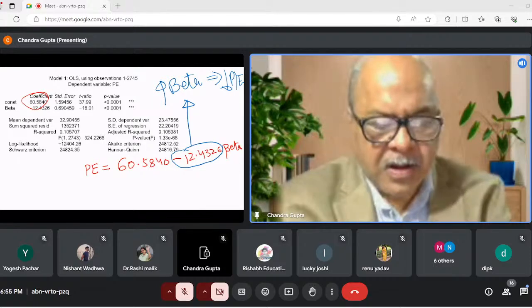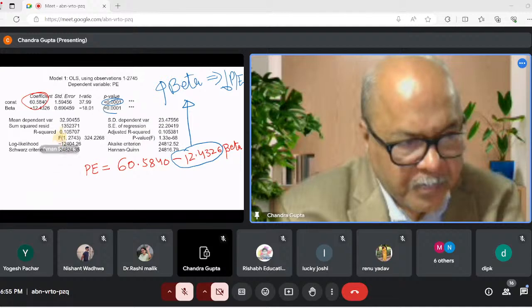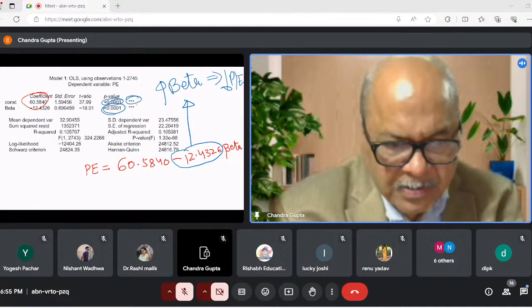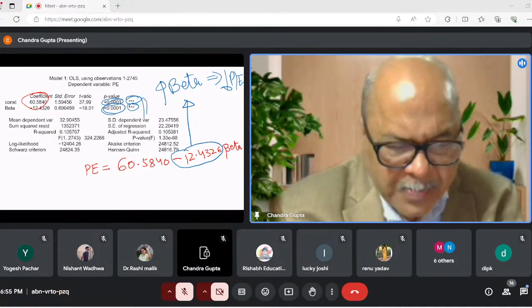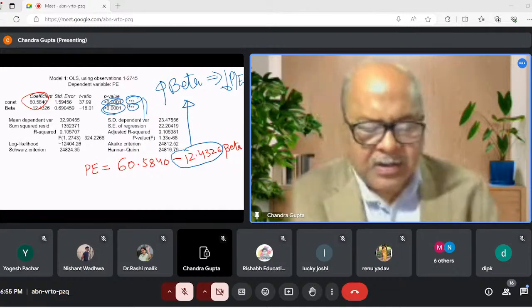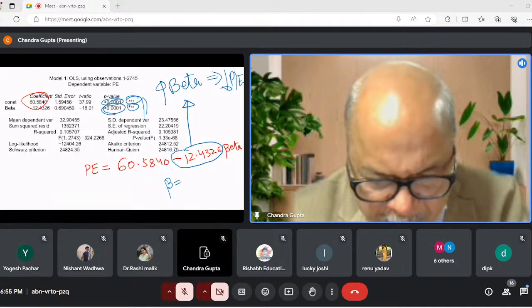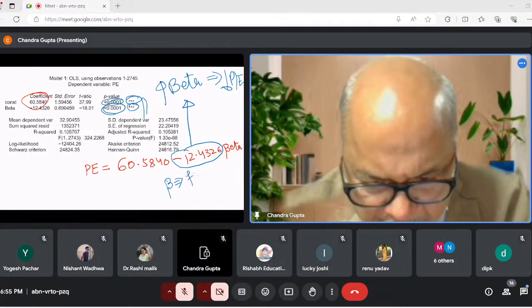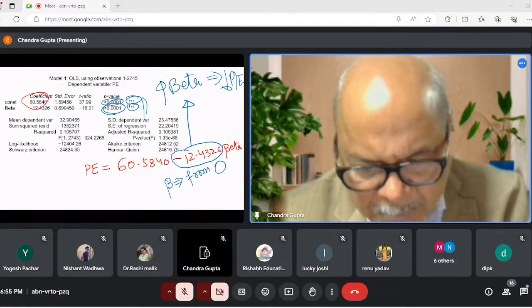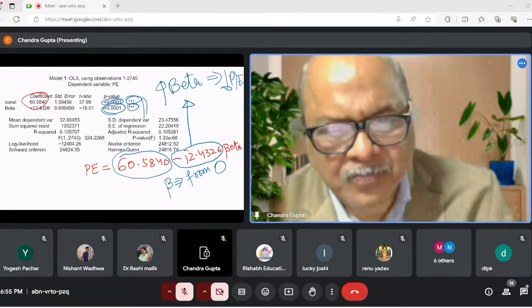Another thing, look at the P values and this star. Star means this is significant. That means beta is significantly different from 0. Alpha is significantly different from 0.